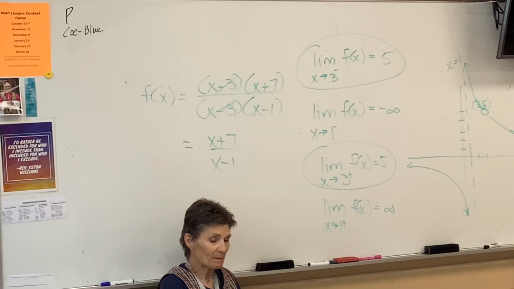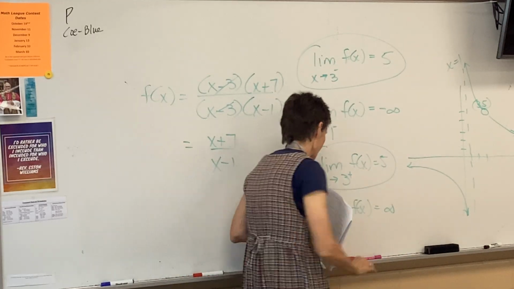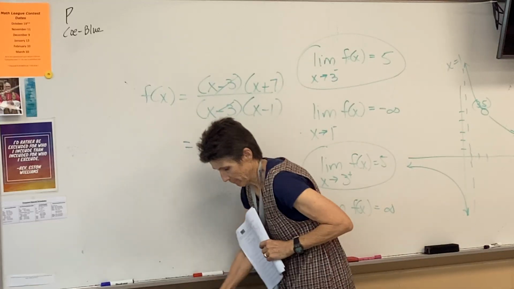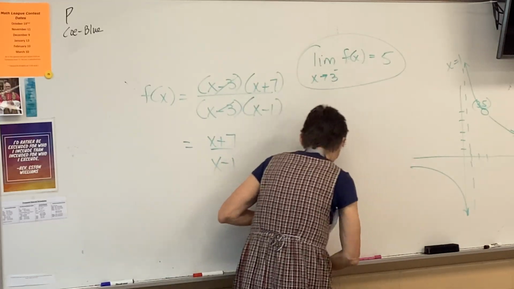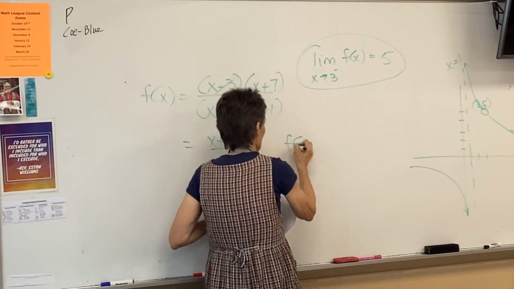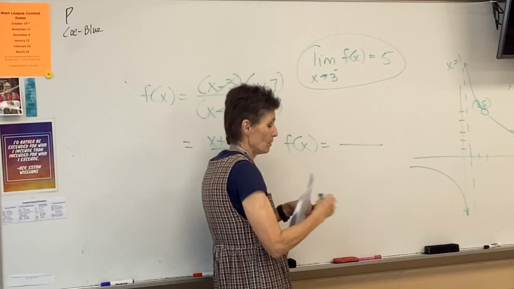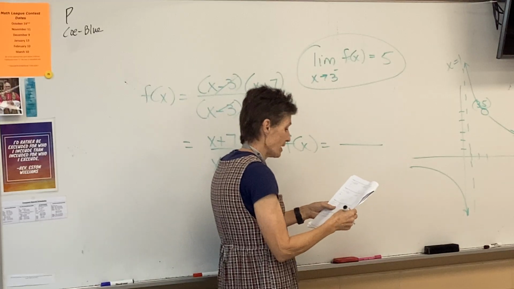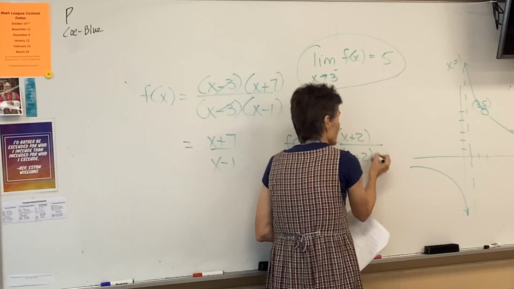We're about out of time. Anybody come up with anything yet? What were the bones of it? What did you start with at the very beginning? What did you know? You know that you have a hole at -2, so you had to have that.